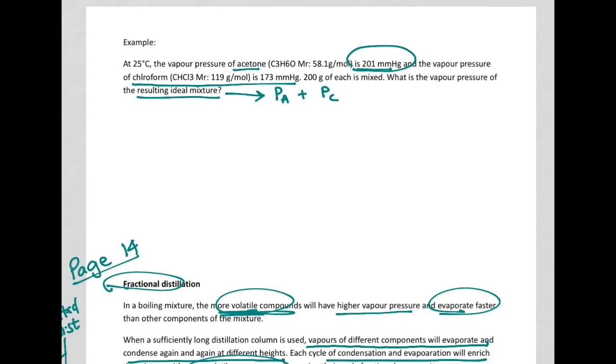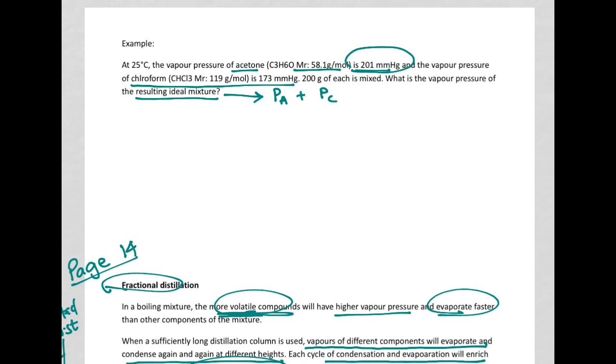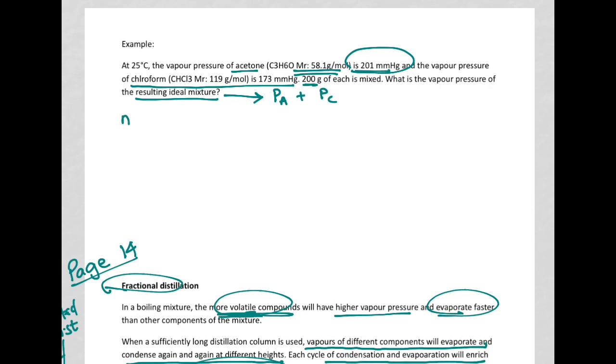Now, to find the mole fraction of acetone, we need the number of moles of acetone divided by the total number of moles of all substances in it. We have the mass of each one, so from this, we can find the number of moles.